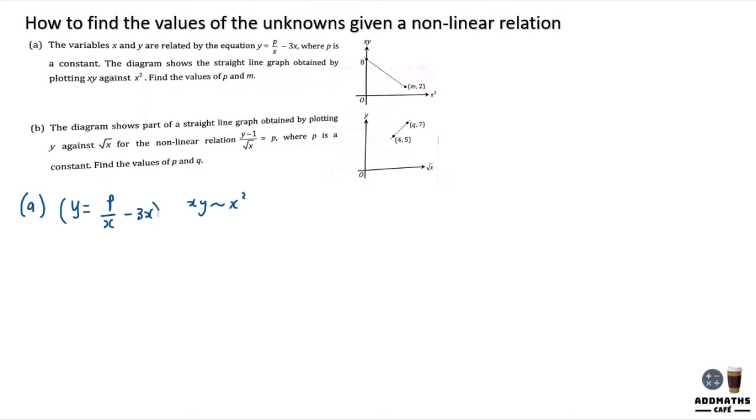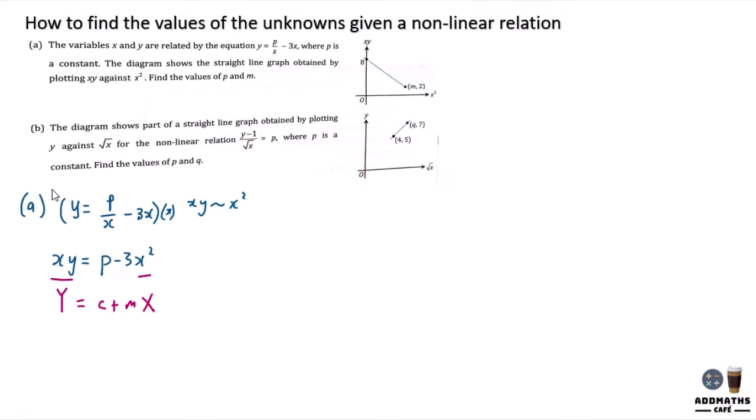So I multiply x to the whole equation, and I will have xy equals p minus 3x squared. Because of that, I know that my xy here is my y, my x squared here is my x, and whatever is behind your x will be your m, and the other side will be c.